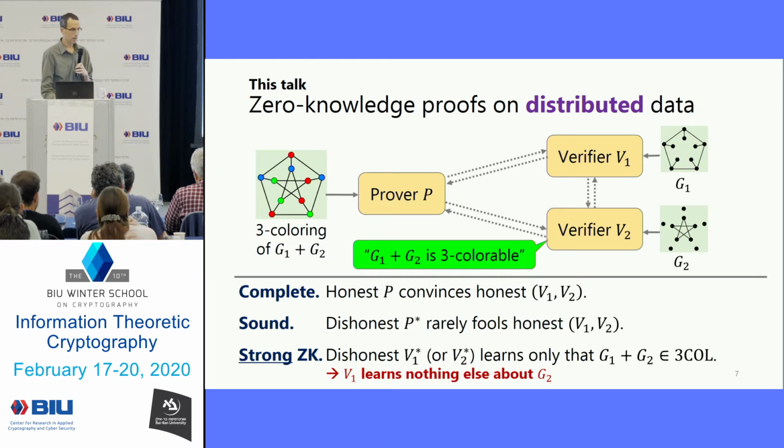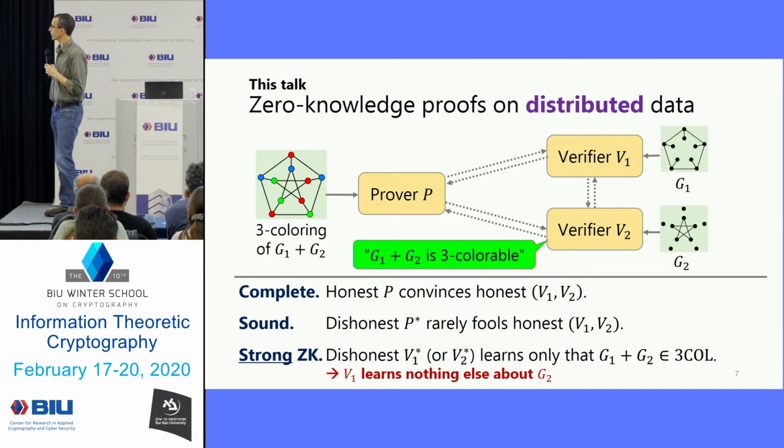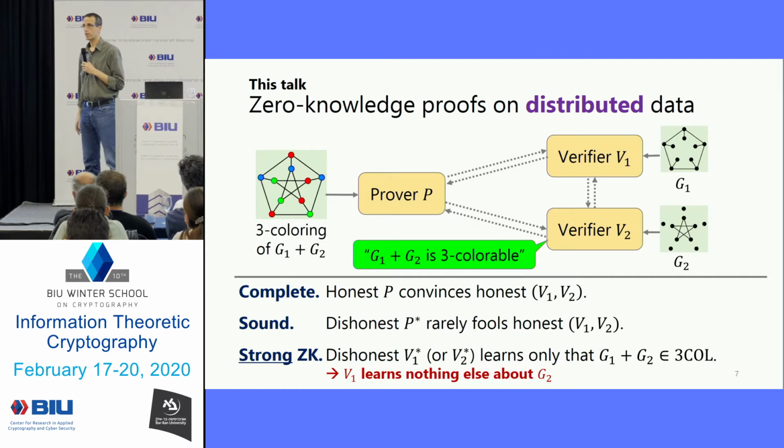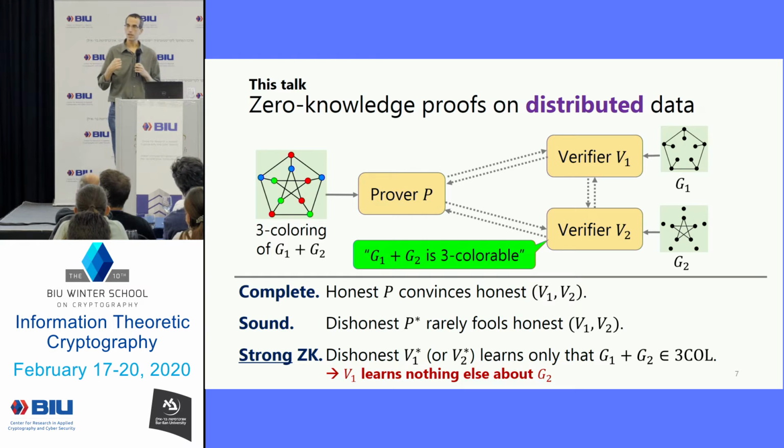And what properties do we want now? So we want completeness. So again, an honest P convinces two honest verifiers that what it said was true. We want soundness, that a dishonest P rarely fools a pair of dishonest verifiers. And we want a stronger notion of zero knowledge.